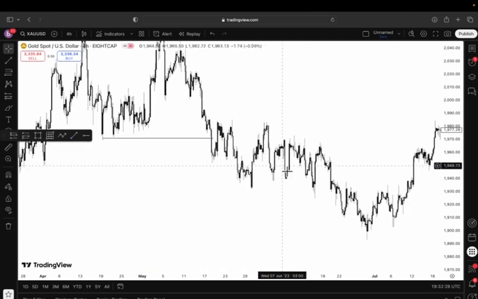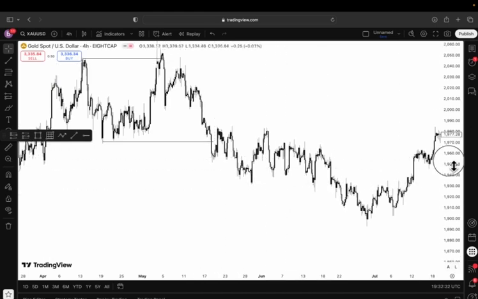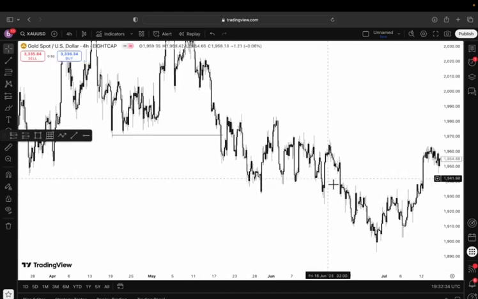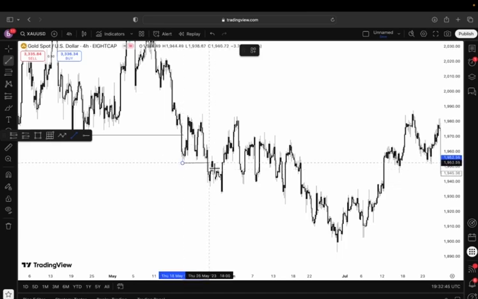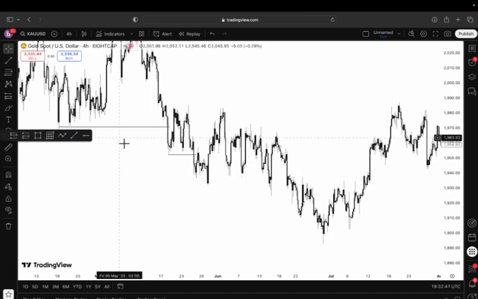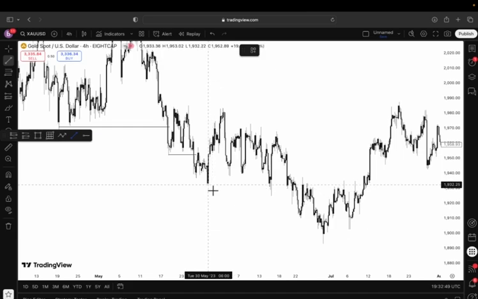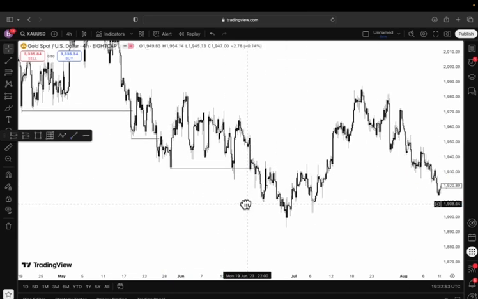Now I said you have to see 3 valid external breaks of structure, and those 3 valid externals have to have the internals in them. So let's give this guy number 1, and this guy number 2.